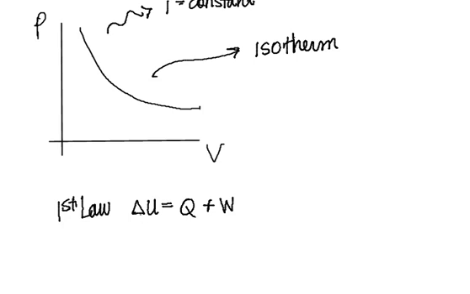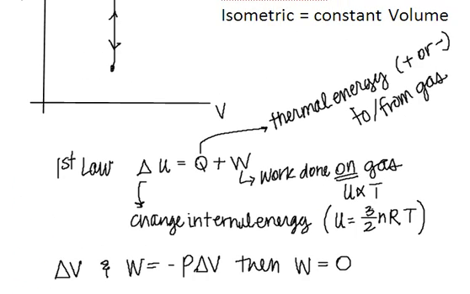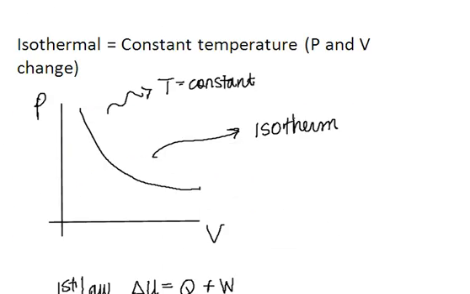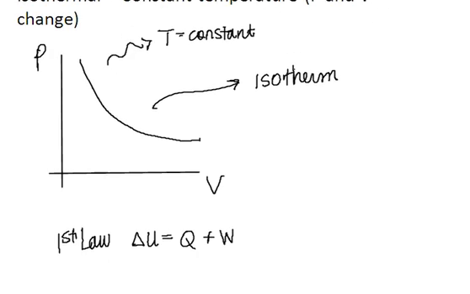What does delta U depend on? Delta U depends on temperature. Very good. And for an isotherm, is our temperature changing? No. So because delta T is 0, then delta U is 0.